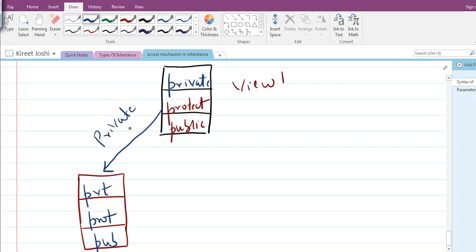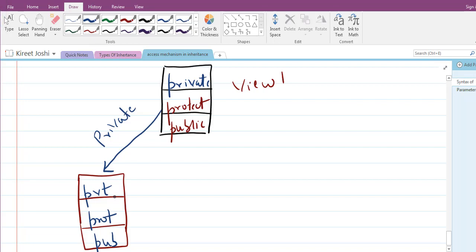If the mode of inheritance is private, that means the base class will inherit its features to its child class in a private mode. So now the visibility of the derived class will be different.